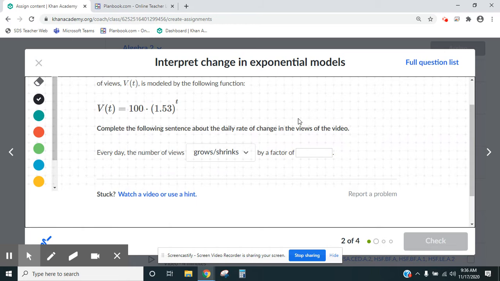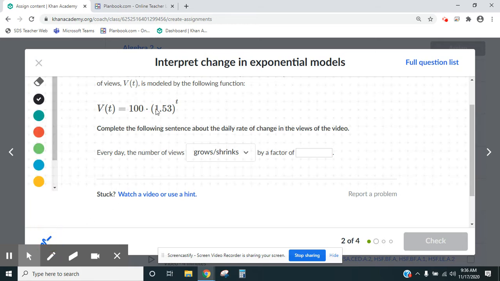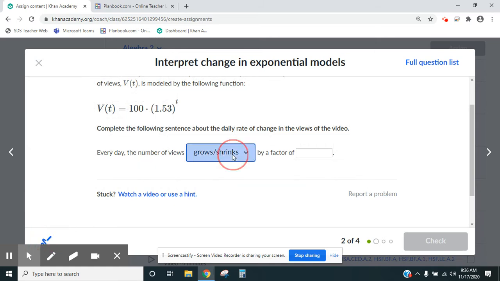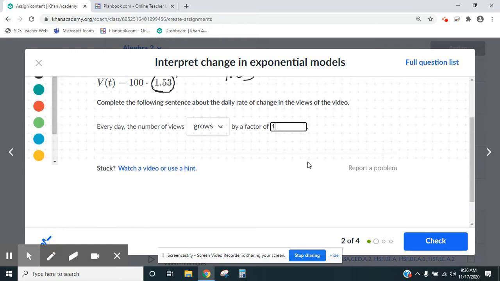Okay, how about this one? This is worded a little differently. It doesn't say added to or subtracted. It says grows or shrinks. Does this one grow? It grows because this growth factor in here grows by a factor of 1.53.